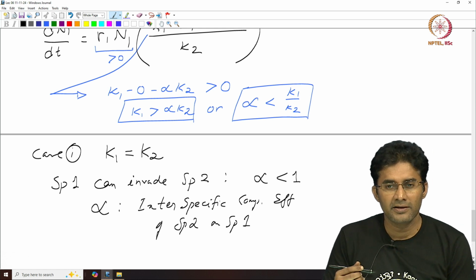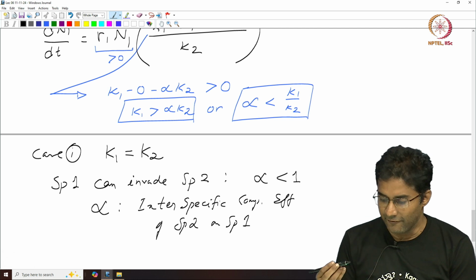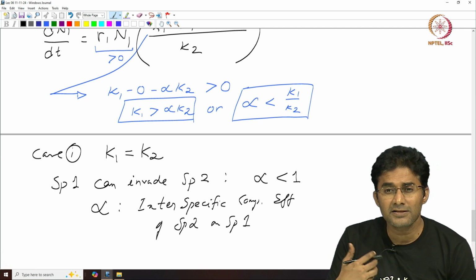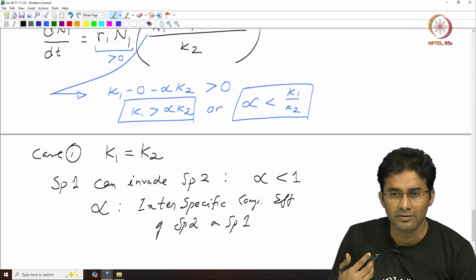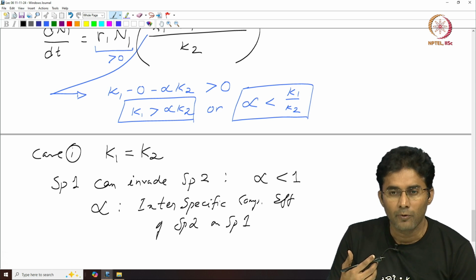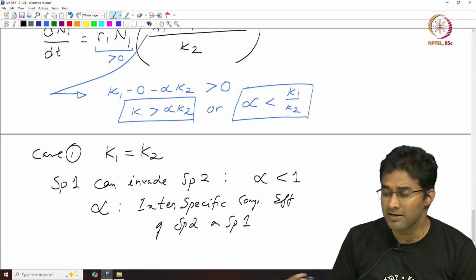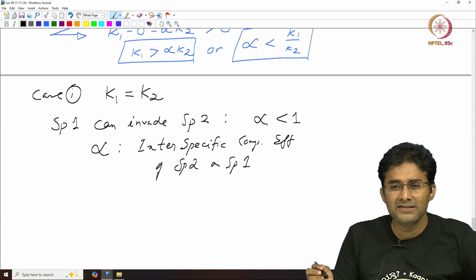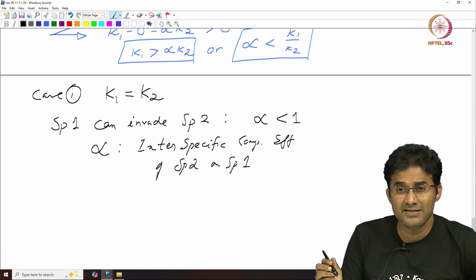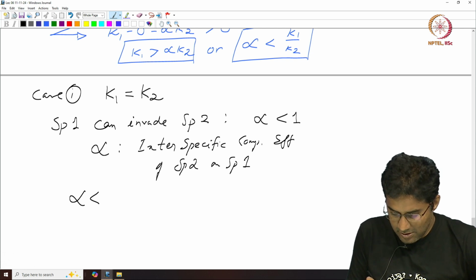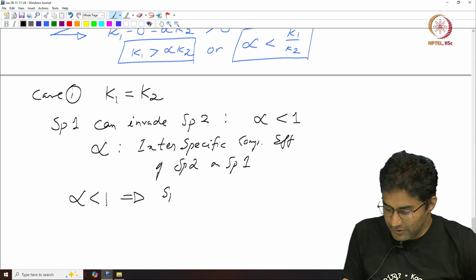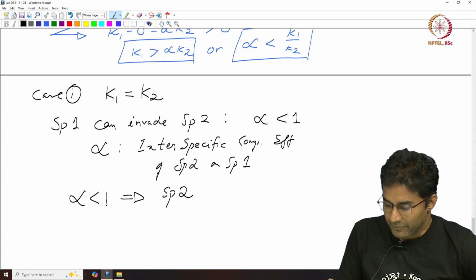It also is a relative measure. If alpha is less than 1, it also means that interspecific competition is relatively less than the intraspecific competition. In other words, species 2 is not a strong competitor.